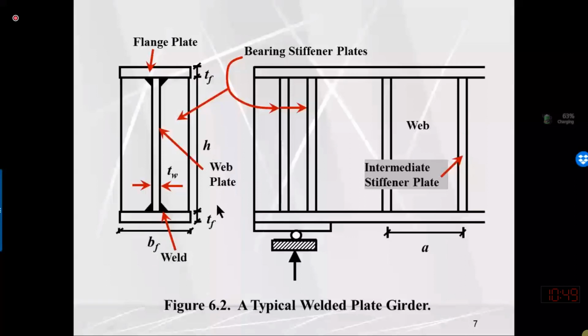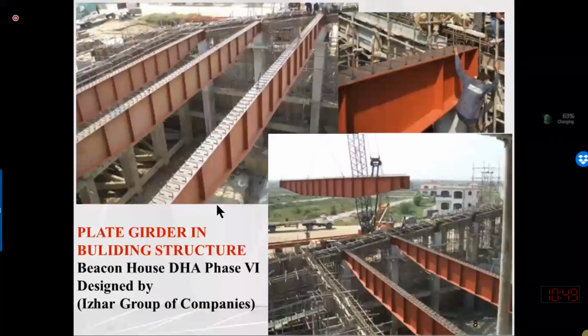So here, this is a typical welded plate girder. I got this picture from one of my friends who actually designed this project while working in Izhar group of companies. And this girder belongs to the Assembly Hall in Beacon House School, which is constructed in DHA Phase 5, maybe in 2012.